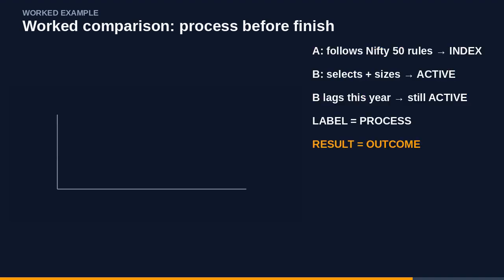Classify two funds by declared process without treating one illustrative finish as a permanent label. Classify Fund A as index because its portfolio follows the stated benchmark methodology. Classify Fund B as active because the manager makes selection and sizing decisions even when the fact sheet shows Nifty 50 for comparison.